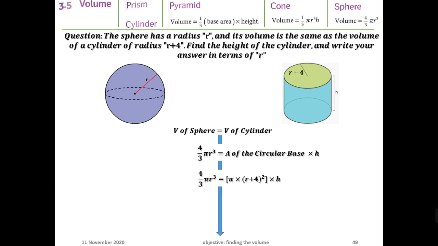I did put the square bracket just to identify, it does not change any value, just to identify that this is the area of the circular base.